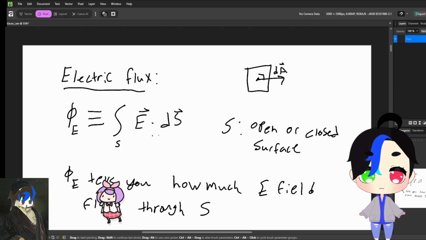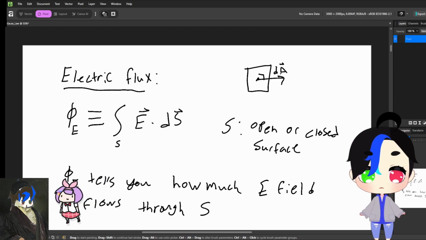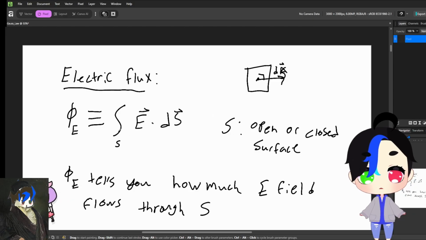So this dot product tells you how much of the E field actually passes through a surface element, dA or dS. And then, like I said, the integral is a fancy addition symbol. So it adds up all the E fields that pass through your incremental surface area elements, over the whole surface that you care about.